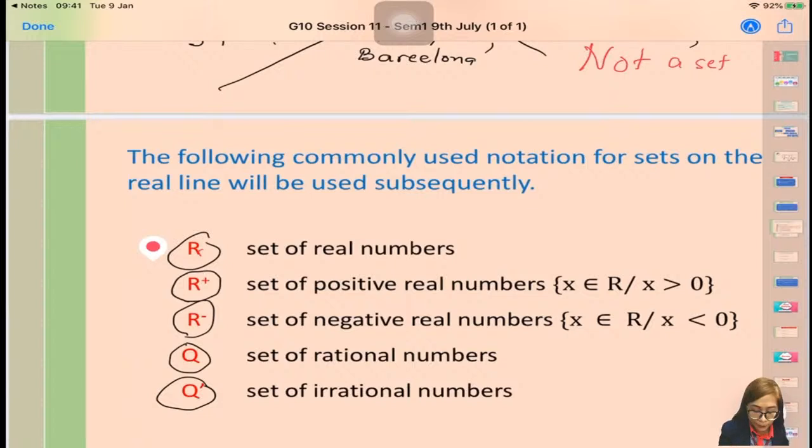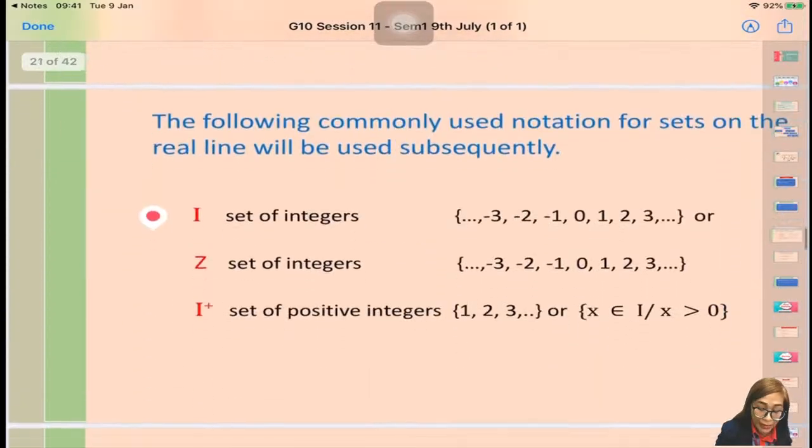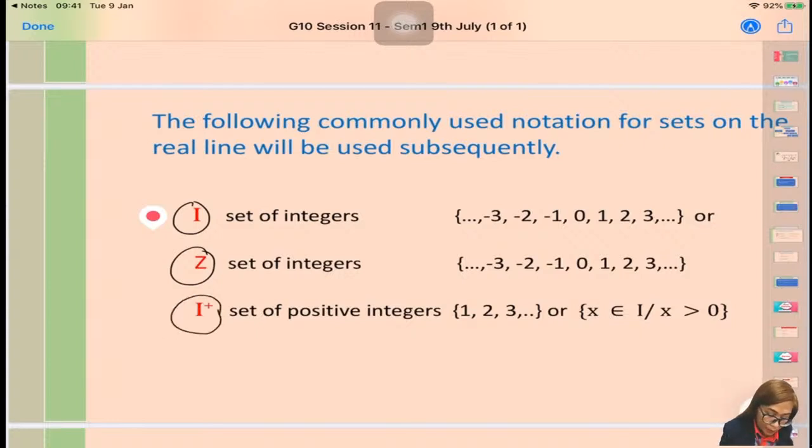Q prime for the set of irrational numbers. Okay, how about I? We use letter I for the set of integers. Z is also for the set of integers. Okay, and I positive is the set of positive numbers or positive integers.